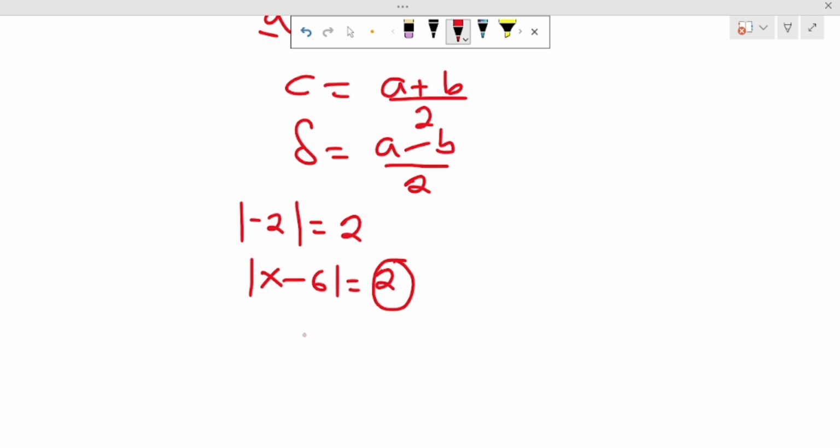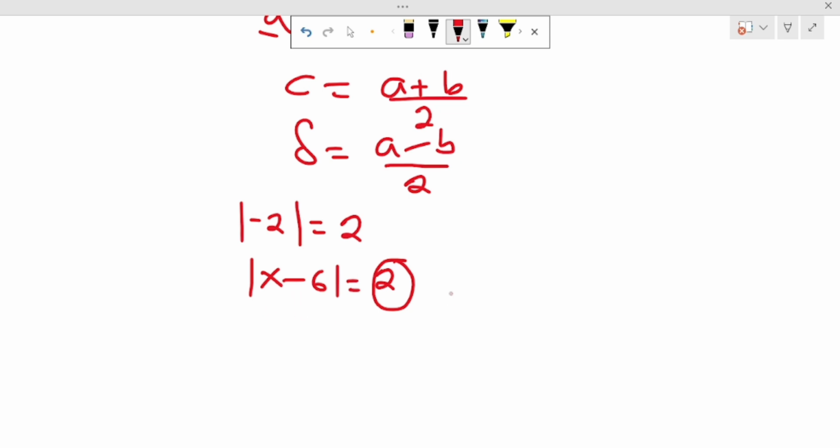Because before I placed the absolute value there, I don't know whether that 2 was a negative or a positive. And so x would have two solutions: a point where the 2 is positive and a point where the 2 is negative. Because when we were finding the absolute value, it was negative, but the absolute value made it positive.